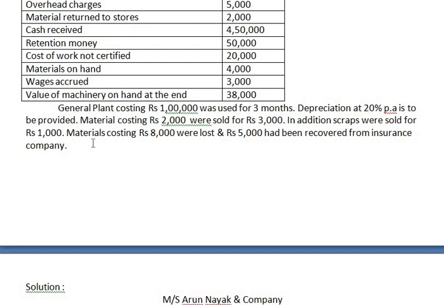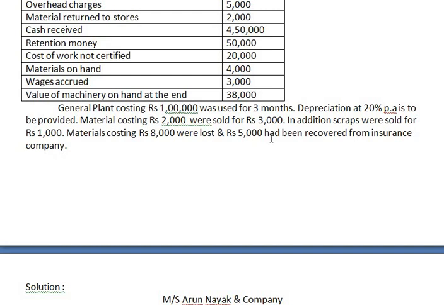Now next, materials costing rupees 8,000 were lost, and rupees 5,000 had been recovered from the insurance company. Materials costing rupees 8,000 were lost. It is nothing but abnormal loss. Abnormal loss we need to show on the credit side of the contract account.